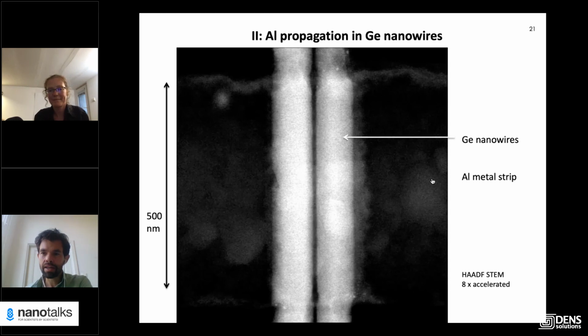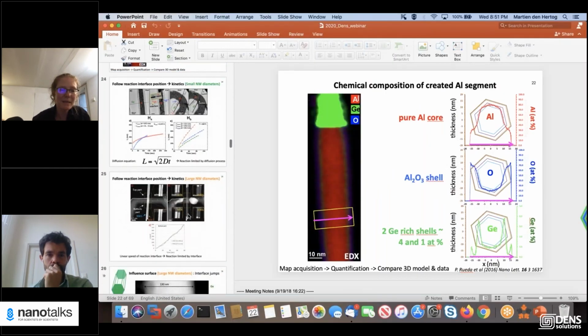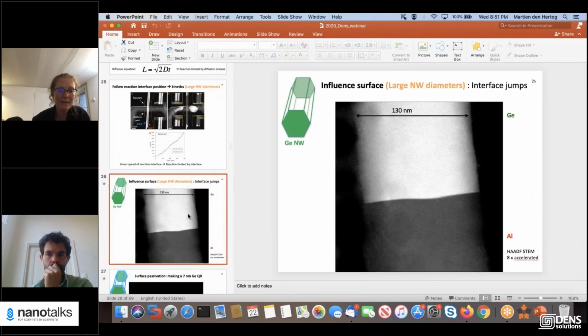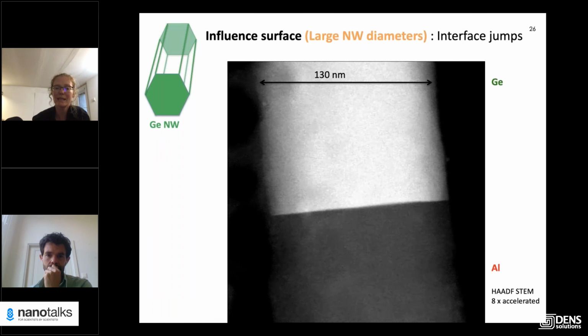All right. And there was another question. How long are the jumps in slide 26? Yeah, I think I know this. So in this slide, you can see that the width of the nanowire is 130 nanometers. So they can be even up to 10 nanometers.